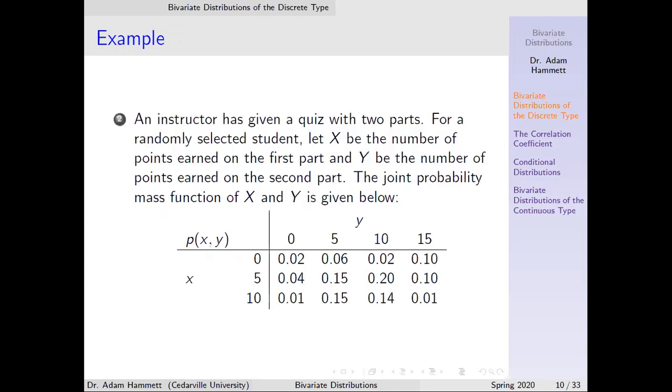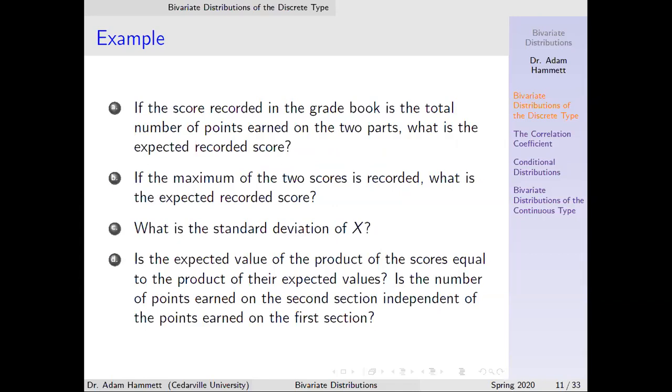Okay, so here's another one. An instructor has given a quiz with 2 parts. For a randomly selected student, let X be the number of points earned on the first part and Y be the number of points earned on the second part. The joint probability mass function is given below. And now some problems on that.